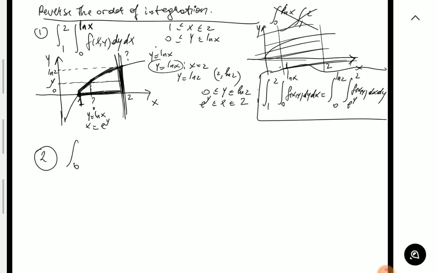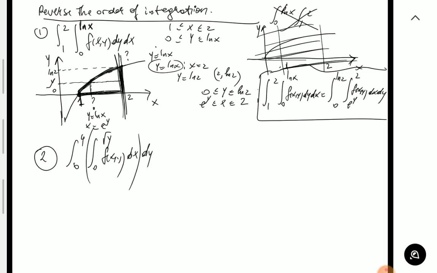So let's say the integral from 0 to 4, and then from 0 to square root of y, dx dy.